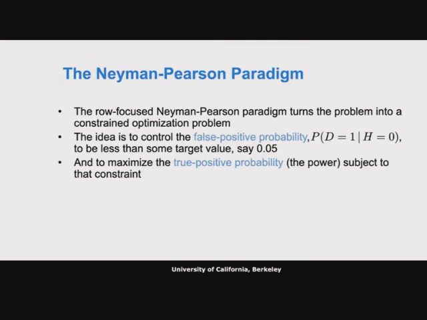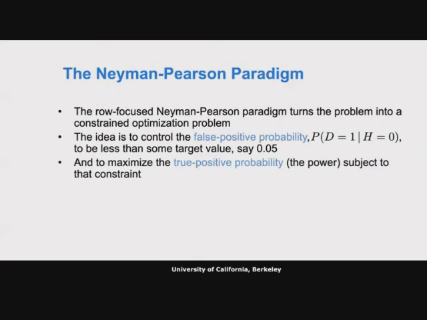So their idea was to turn the design problem into a constrained optimization problem. We're trying to find the best way to test. We've got these 2 numbers, and if we make one small, the other is going to be big, and vice versa. We have a trade-off. That's what the ROC curve is all about. So how do we best manage this trade-off?